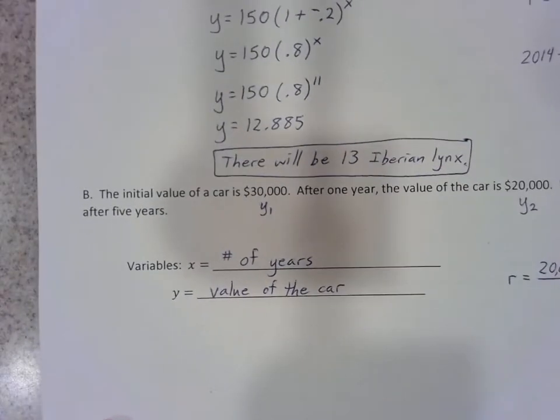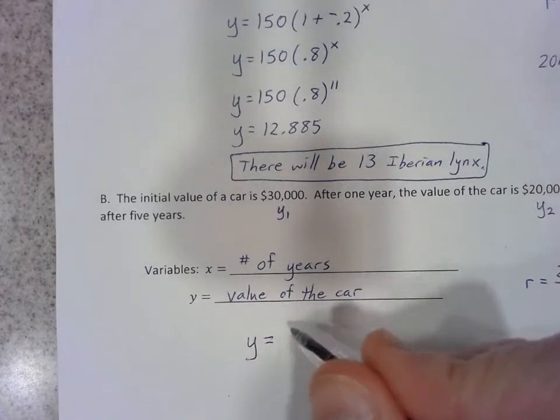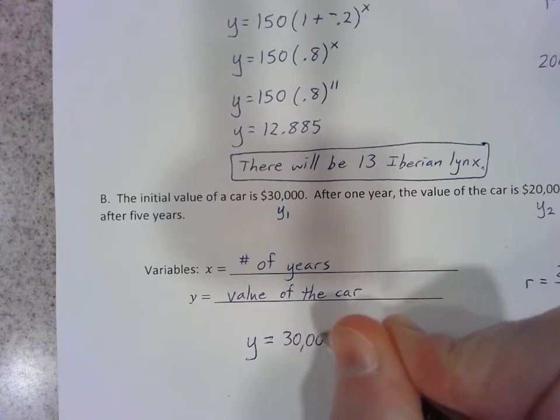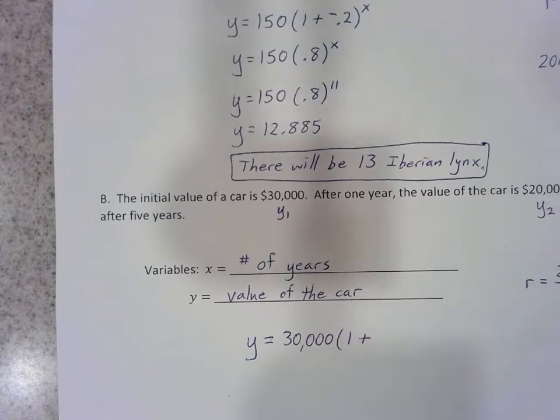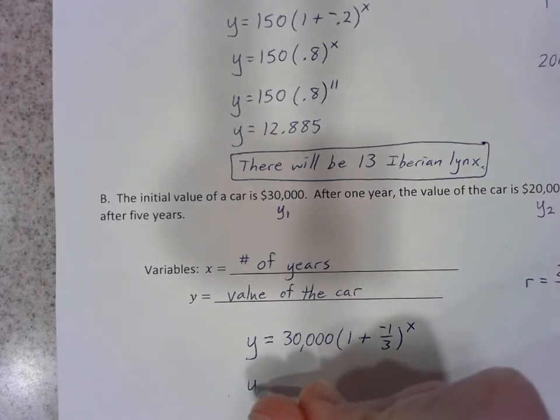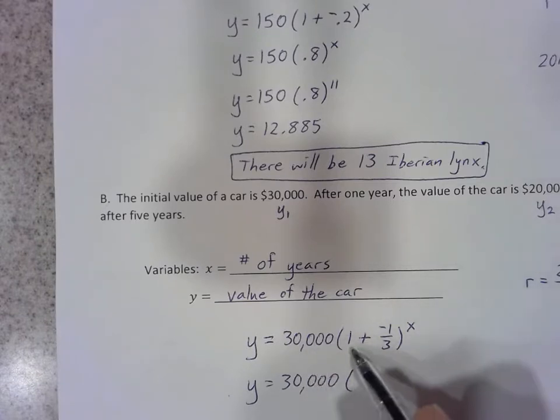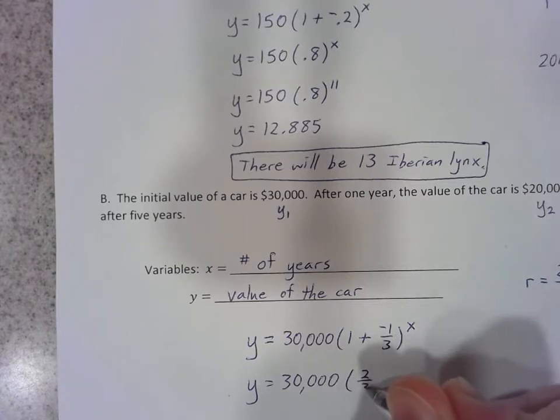So as I go to write the equation, the value of the car, Y, is equal to the initial amount, 30,000, times 1 plus the R value, which is negative 1/3, to the x power. So 30,000, 1 plus negative 1/3, or 3/3 plus negative 1/3, makes for 2/3.